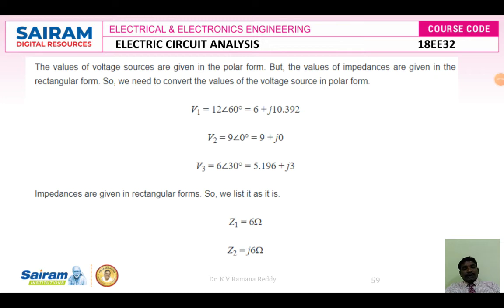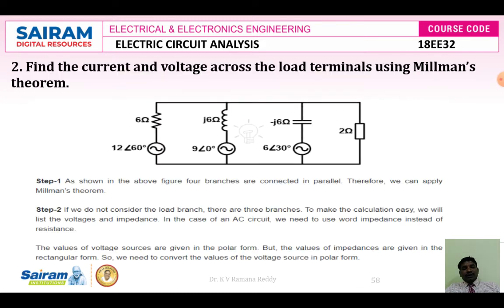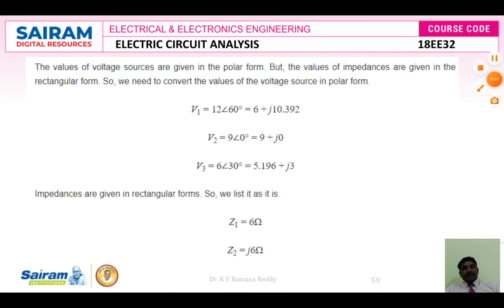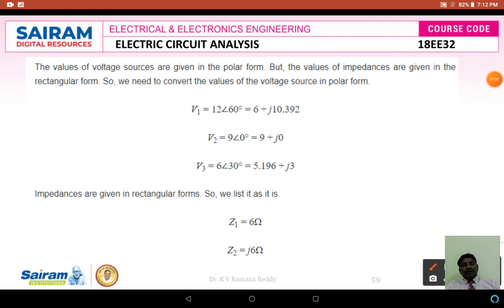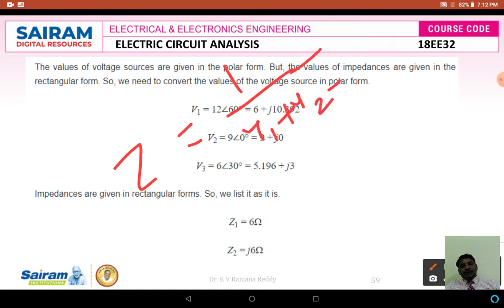So according to Millman's theorem, what is the Z formula? The equivalent Z in Millman's theorem is Z equal to 1 divided by y1 plus y2 plus y3.